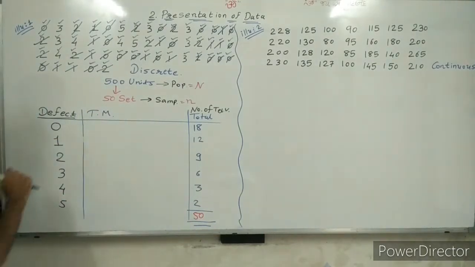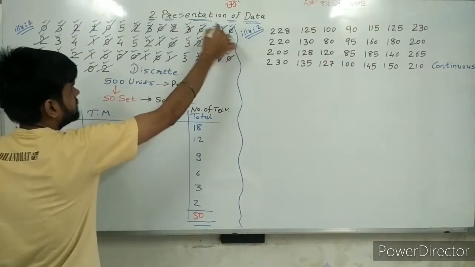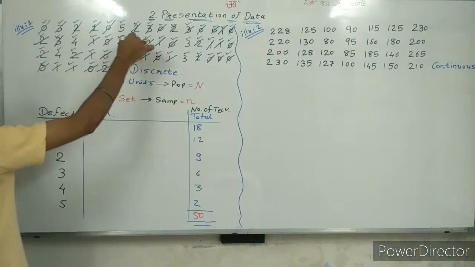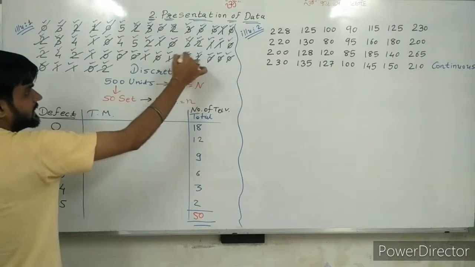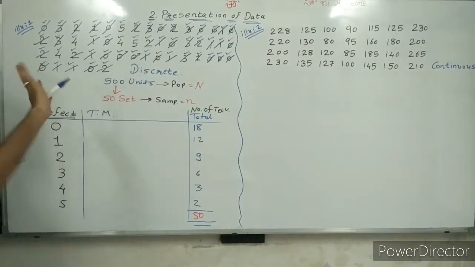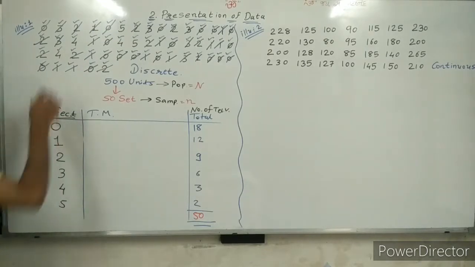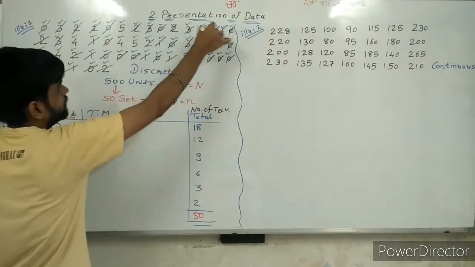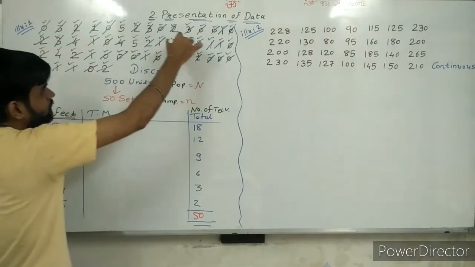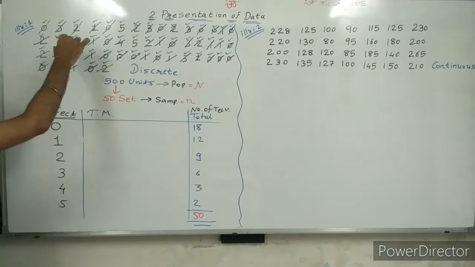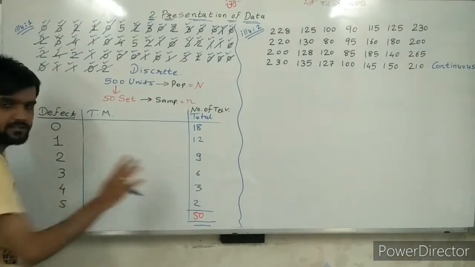Now count 3 defects. 1, 2, 3, 4, 5, 6. That's it. So against 3, write 6. Now for 4, cancel 4. 1, 2, 3. Okay, so against 4, write 3.